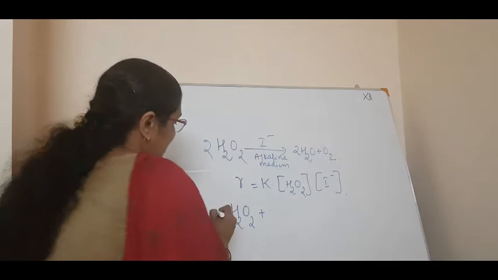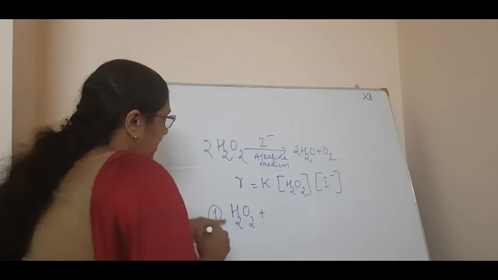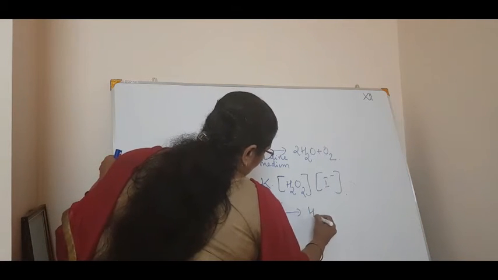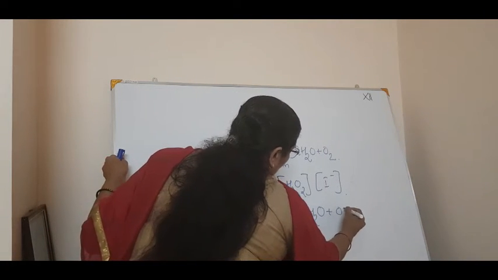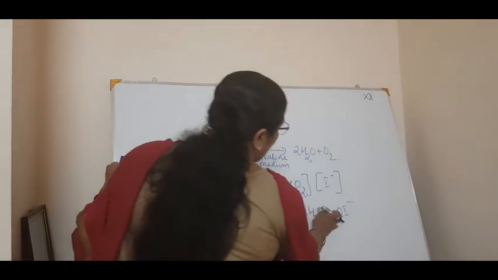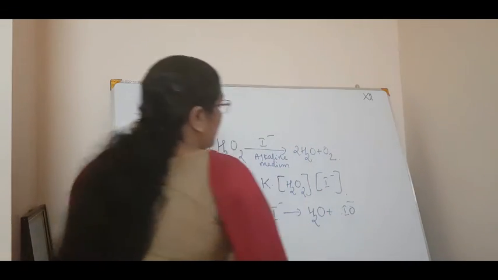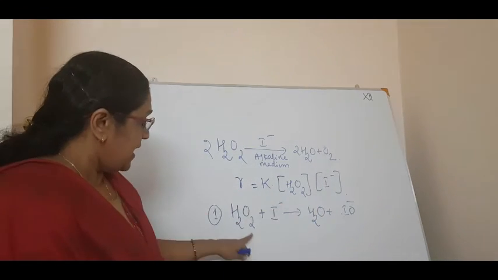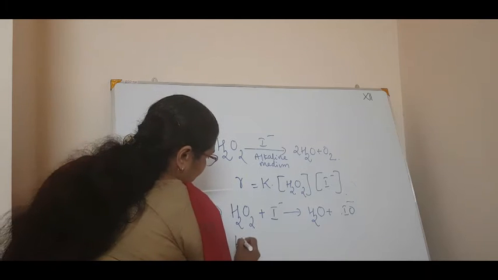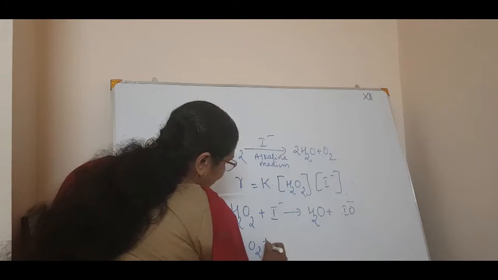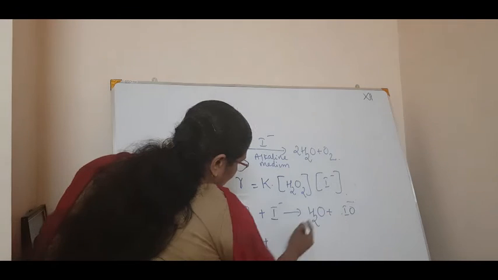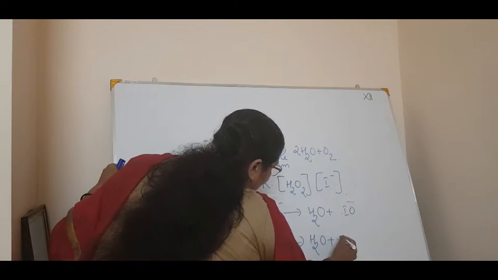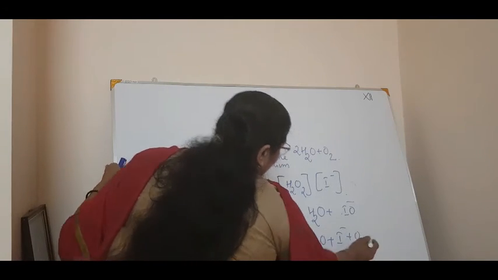The first step is H2O2 plus I minus will give you H2O plus OI minus, or you can say IO minus. Correct? Okay. Now, the second step, H2O2 plus this IO minus will give you H2O plus I minus plus O2.